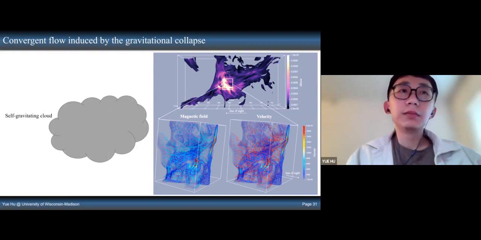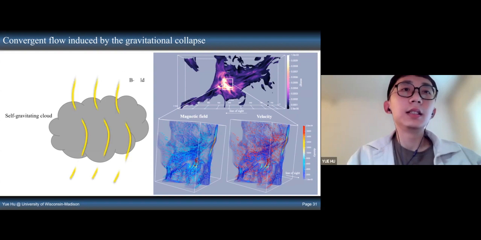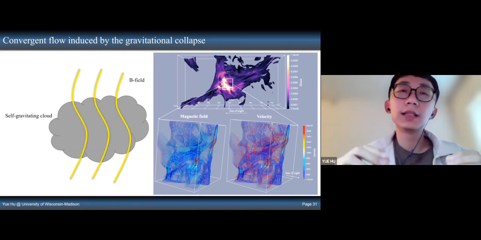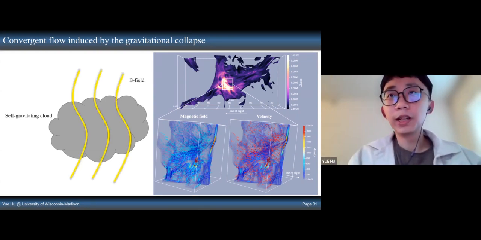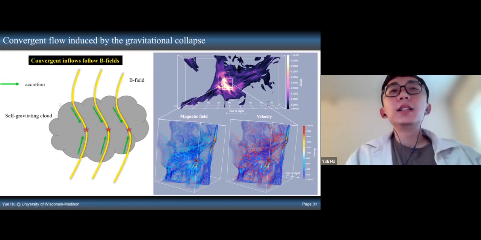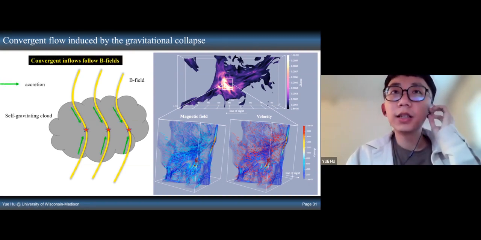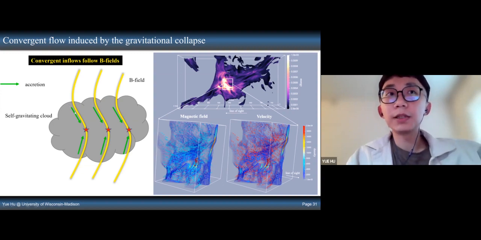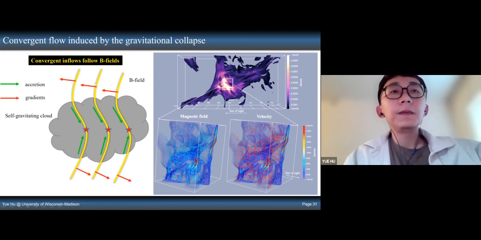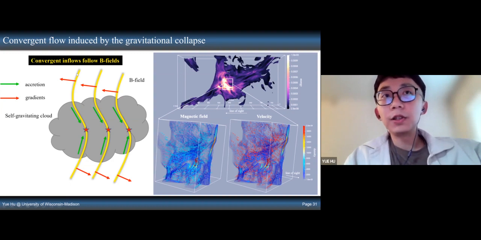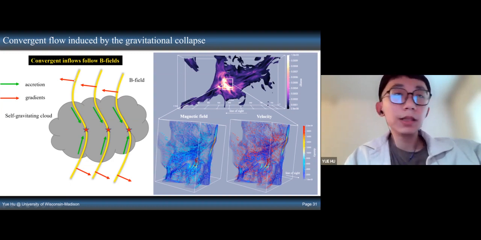Let's assume we have a self-gravitating cloud, with a magnetic field line penetrating the molecular cloud. If the molecular cloud is self-gravitating or in gravitational collapse, it will have inflows or accretion along the magnetic field line. In the diffuse regions, as we talked about before, the velocity is dominated by turbulence, so the velocity gradient will be perpendicular to the magnetic field.